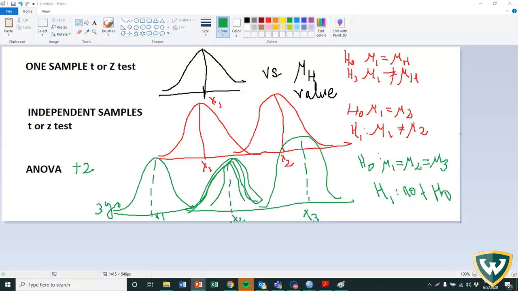Again, if I give you a table like this and some values are missing from it, I expect you to be able to fill out an ANOVA table. And I'm going to go over how we're going to fill that out. But if I give you raw data, I do not expect you to hand calculate sums of squares for me.